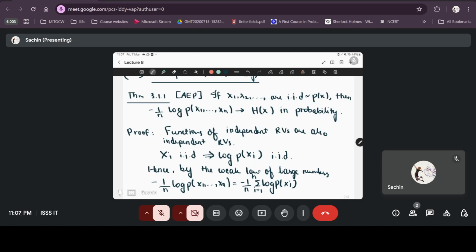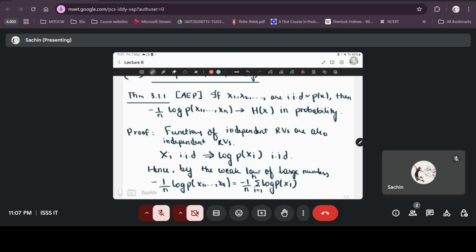Similarly, here, if you don't know the exact distribution or the exact entropy of the random variable x, then you perform a series of experiments, find the sequence of random variable values that you get, find the probability of that sequence occurring, take the negative log of that and multiply by 1 over n, divided by n.